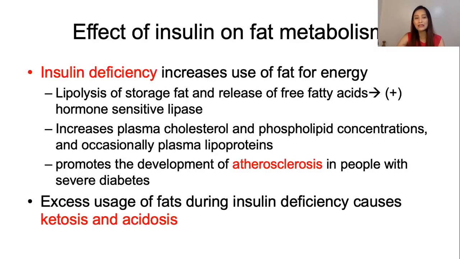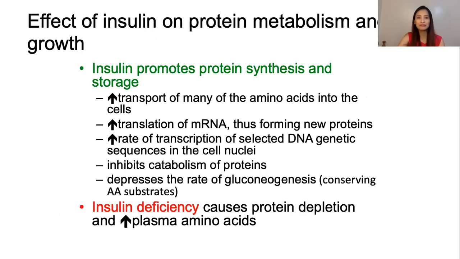Excess usage of fats during insulin deficiency causes ketosis and acidosis. So in severe cases of insulin deficiency, where the patient becomes decompensated, patients can develop what we call diabetic ketoacidosis, where you will have metabolic acidosis and markedly elevated blood sugar because of severe insulin deficiency.